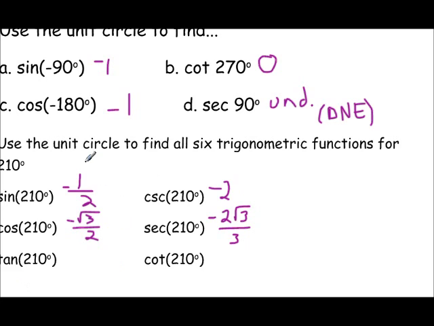Tangent is sine over cosine. So that's negative 1/2 over negative square root 3 over 2, which the negatives will cancel out, and the halves will cancel out. Although, let me write this whole thing out. Negative 1/2 divided by negative square root 3 over 2.